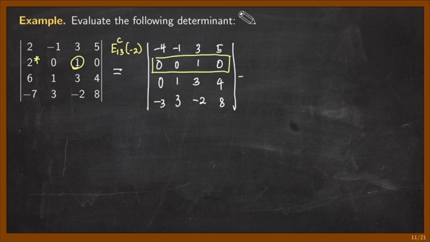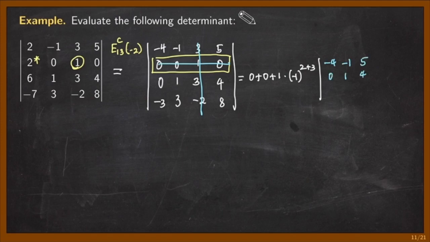So the expansion should be a 0 plus 0 plus 1 times the position of 1 that's found in the 2,3 position. The determinant of the matrix obtained by deleting this, get negative 4, negative 1, 5, 0, 1, 4, negative 3, 3, 8.